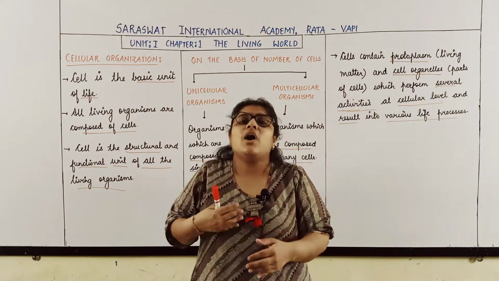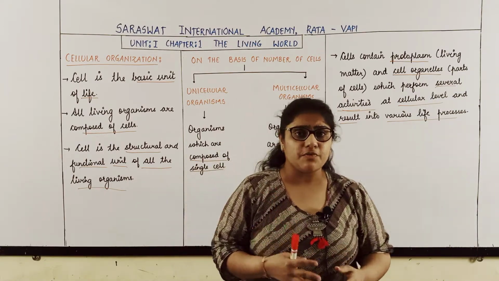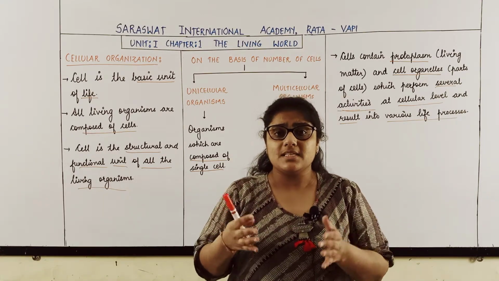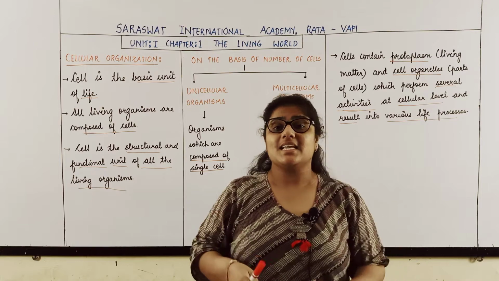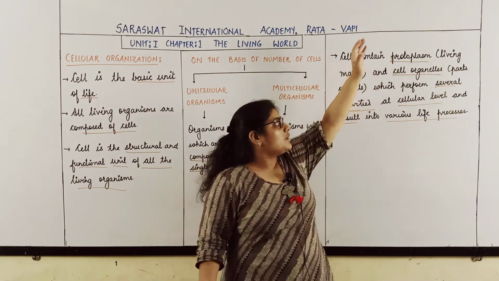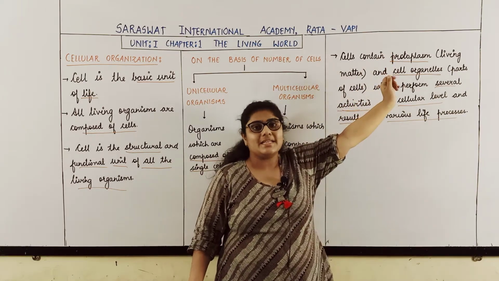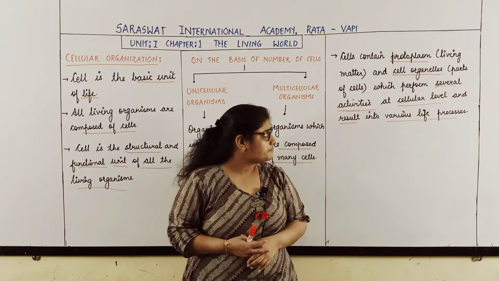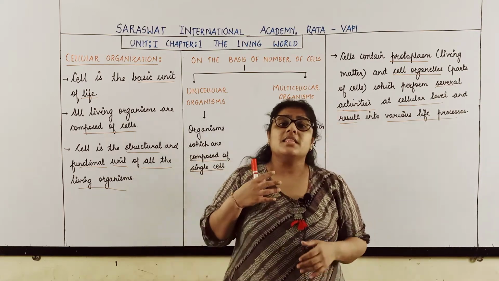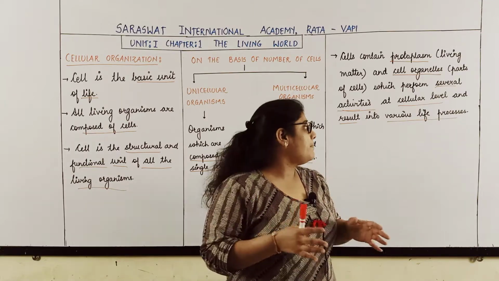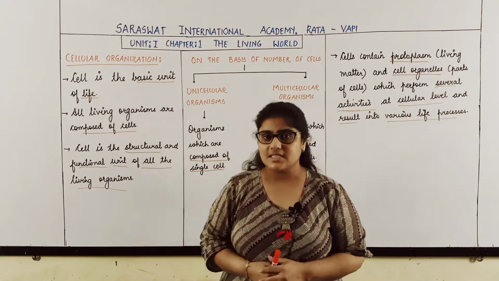Now, how are these life activities performed? Basically the life activities are carried out by the cell. Now, what in the cell carries out these life activities? The cell is composed of protoplasm and cellular organelles. Both of these perform the activities at the cellular level and bring about the various life processes.